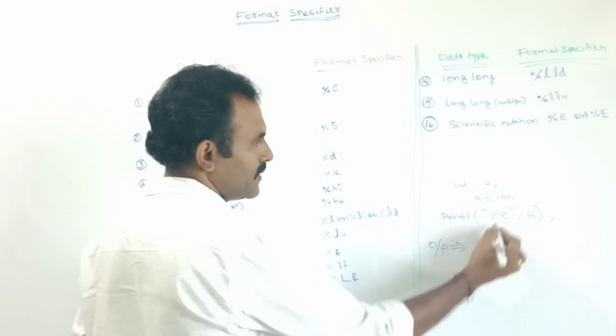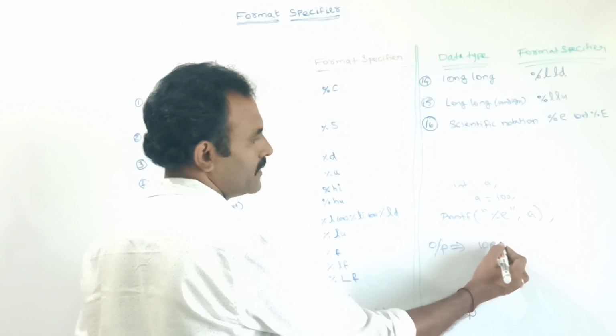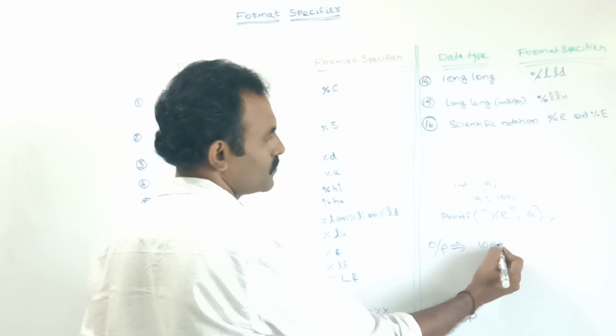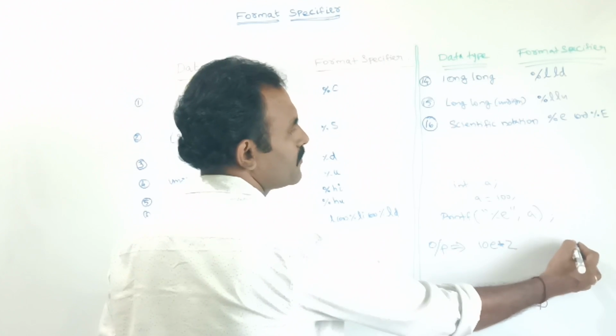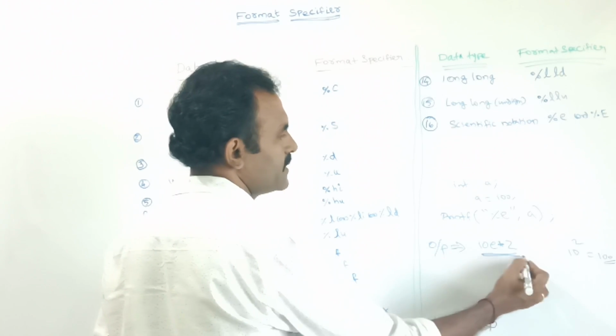Here it will be 1.0e+2, that is 10 to the power plus 2, 100. This is the scientific notation.